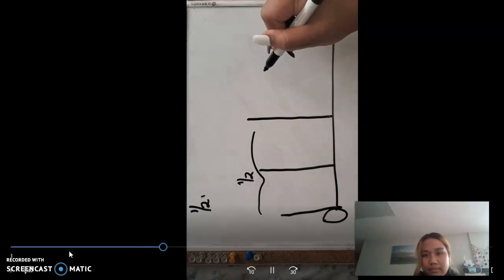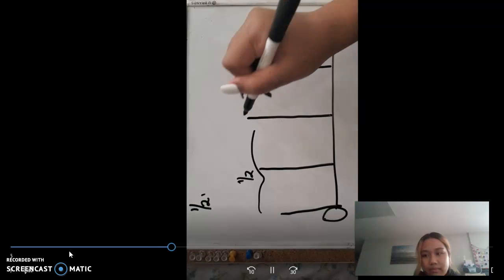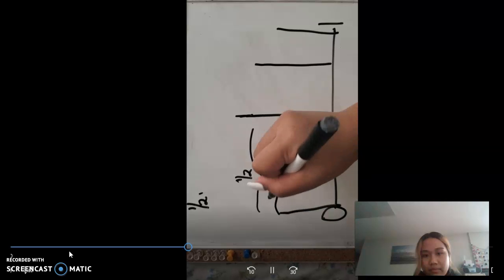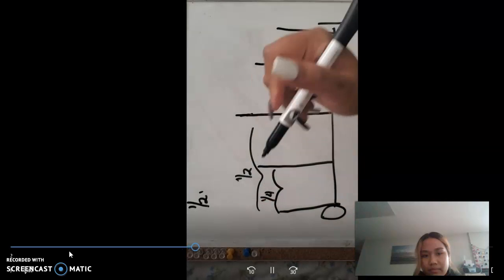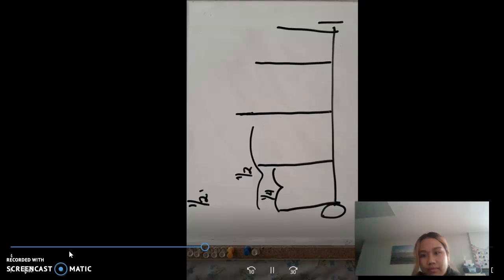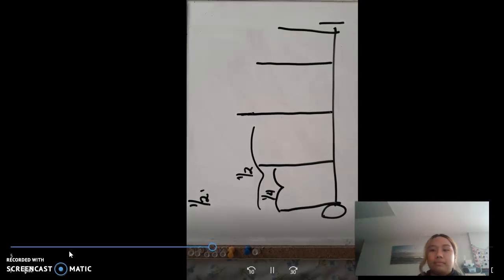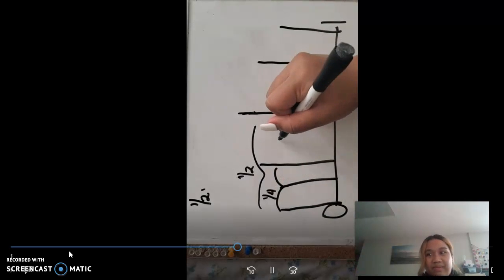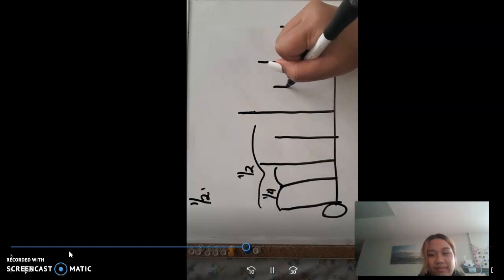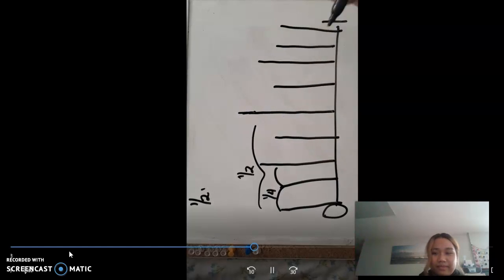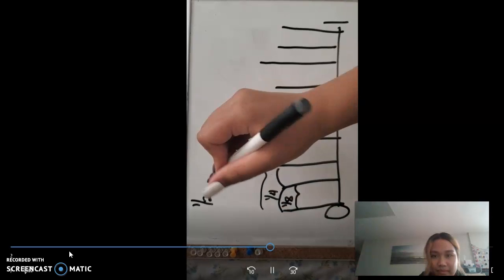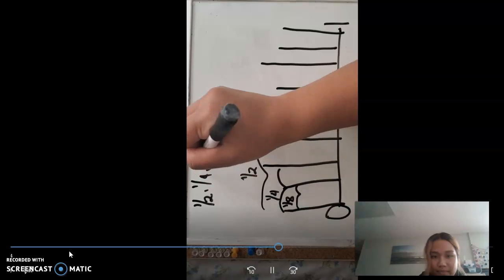So this is our 1/4. Now, to get 1/8 of an inch, let's divide our 1/4 into 2. So this area gives us 1/8 of an inch on our ruler.